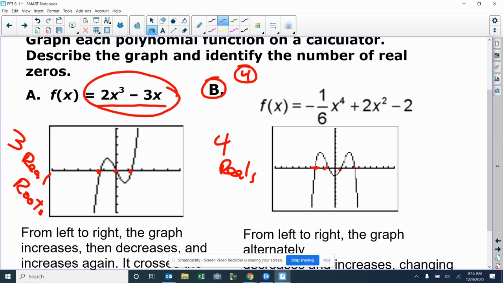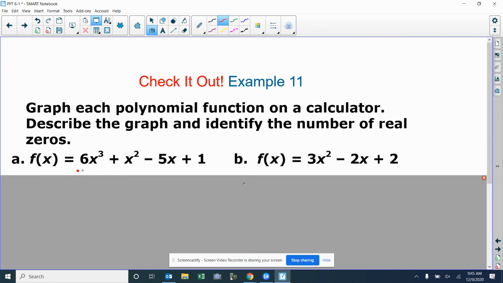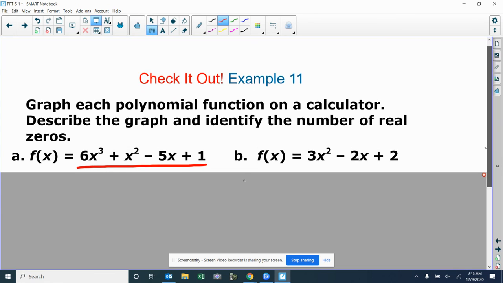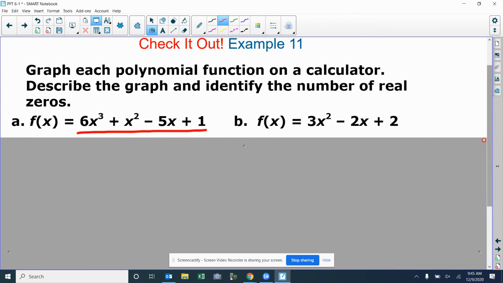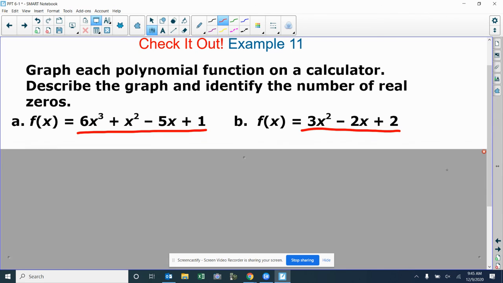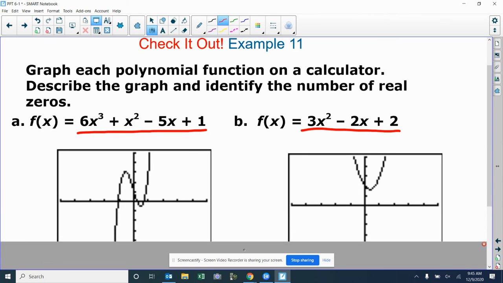How are we feeling about this idea right here? Graphing them, okay? I'm going to show you another set. How many possible roots would there be for this guy right here? Well, it's a degree of what, folks? Degree of 3. So how many times might it cross? 3 times. It might not. How about this one? How many times might it cross? Might cross twice. Let's see. Okay. This one had 3 real roots. How about this guy right here?